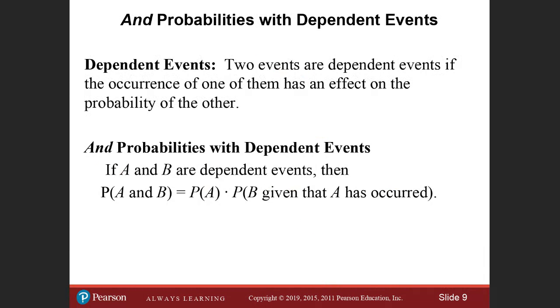So definition here, we have dependent events. Two events are dependent events if the occurrence of one of them has an effect on the probability of the other. So this is the opposite, because there is an effect here, while the other one doesn't have an effect. Okay, so the formula here is similar.